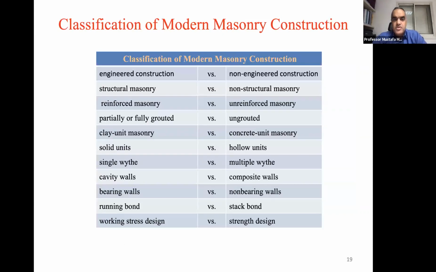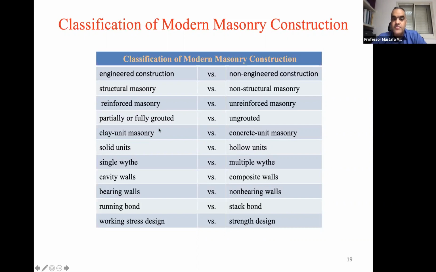Now, classifications of modern masonry cover engineered construction versus non-engineered construction, and structural masonry versus non-structural masonry. So we do have non-structural masonry in the building. Those are architectural, typically, like partition walls, for example. Then we have reinforced versus unreinforced.